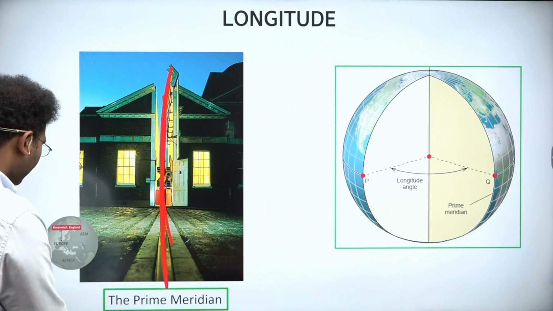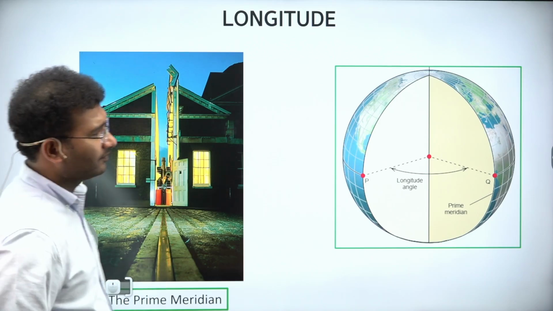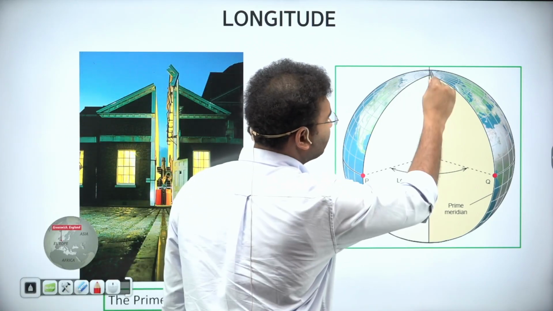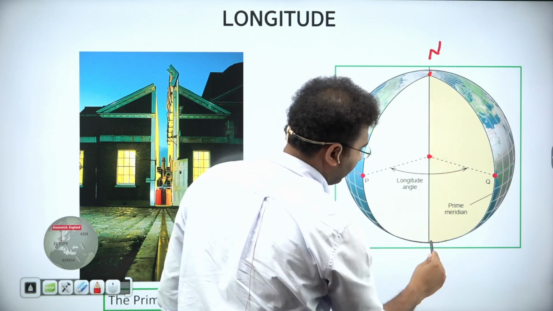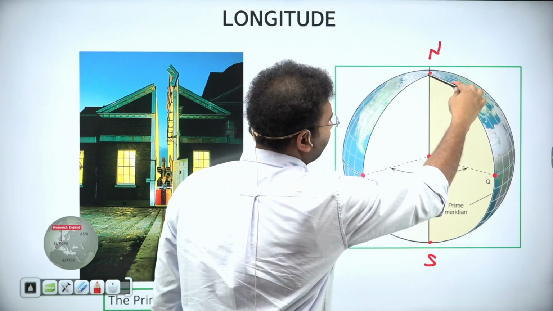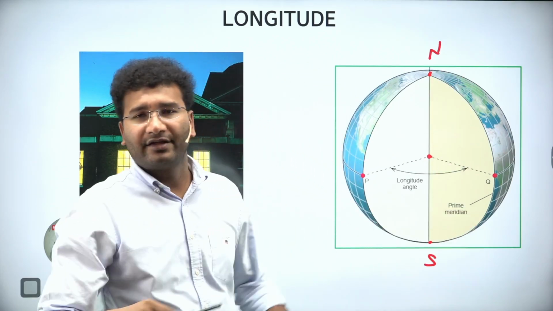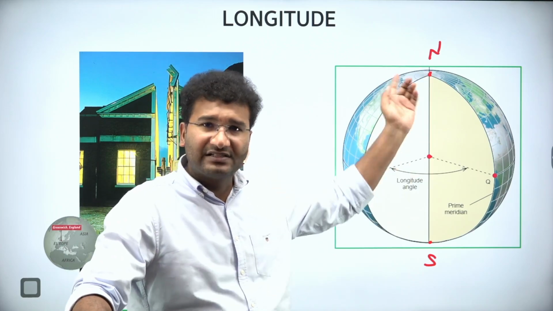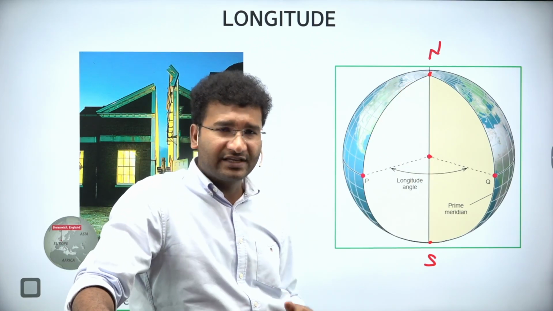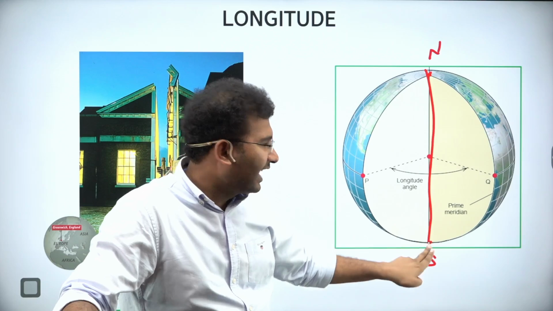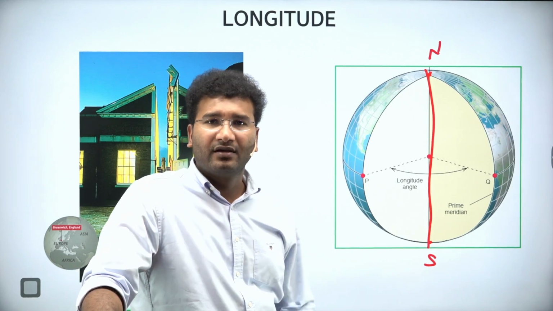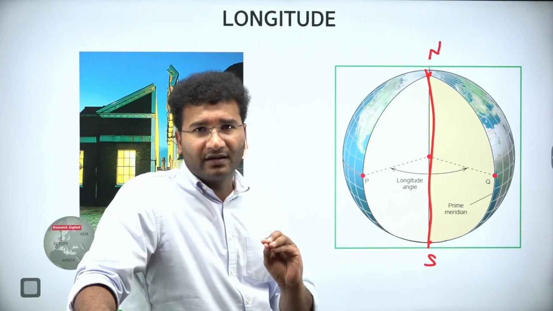And look at this. See, imagine this is North Pole and this is South Pole. What we have done is we have drawn a line, an imaginary line. This is not drawn on the surface, it's an imaginary line we have drawn, and we said that okay, this line will act as the prime meridian, the first meridian, right?